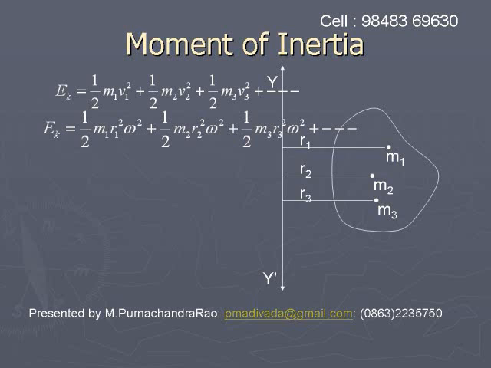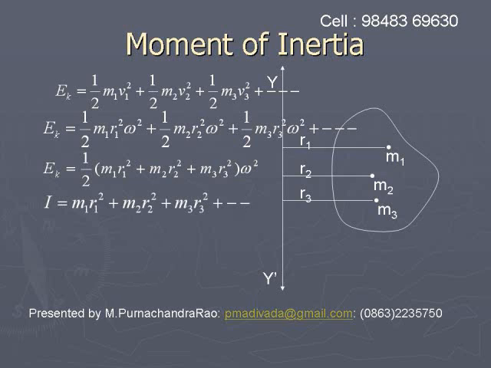By substituting the values of v1, v2, v3, we get the total kinetic energy as half m1 r1 square omega square plus half m2 r2 square omega square plus half m3 r3 square omega square plus so on. In these terms, half and omega square are common.